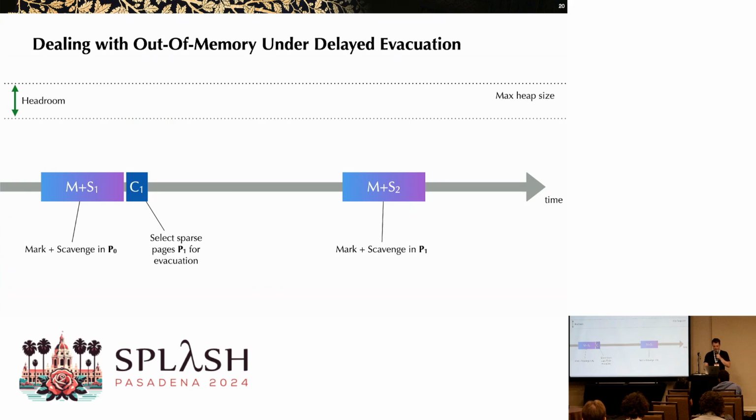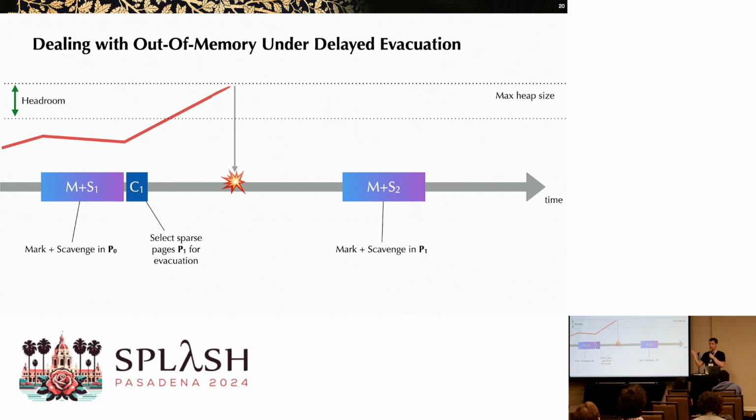So, how are we solving that in mark scavenge? Let's look again at this curve. Note that the memory can now decrease during mark, and we still have this situation. I'm going to show now how we solve that situation so we don't get an out of memory. Because we have a set, the P set, we have a pool of pages that we know are sparsely populated, and we can evacuate objects from them to free up memory.